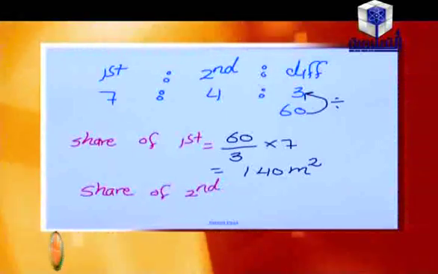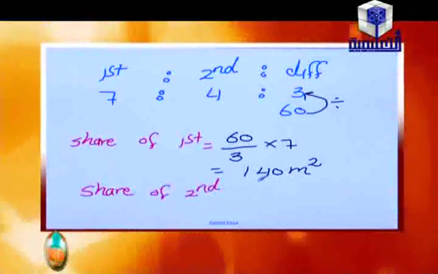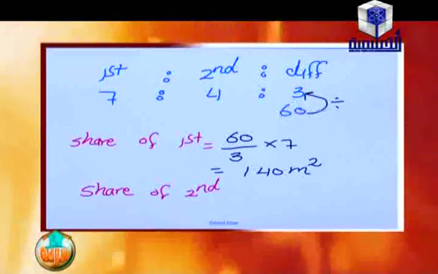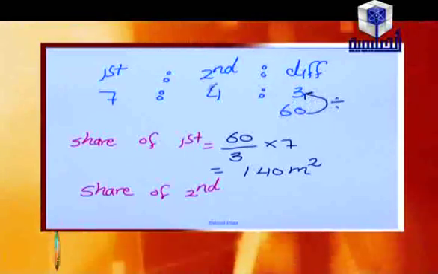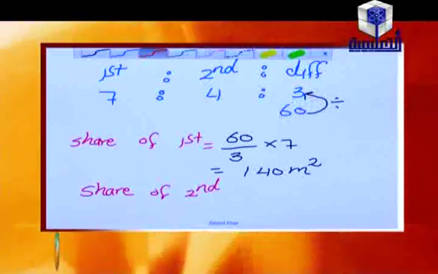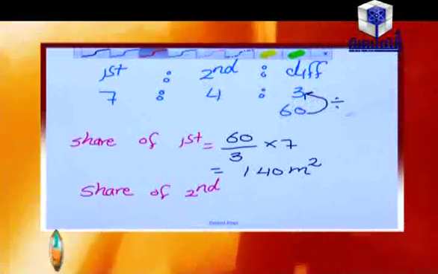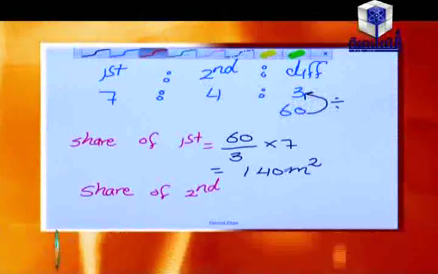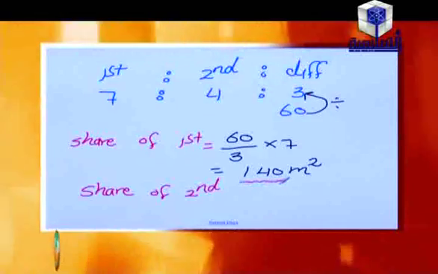By using the usual method, 60 divided by 3 equals 20, multiplied by 4. Or we can say the difference between them is 60, so we can just add 60 to the share of the first.